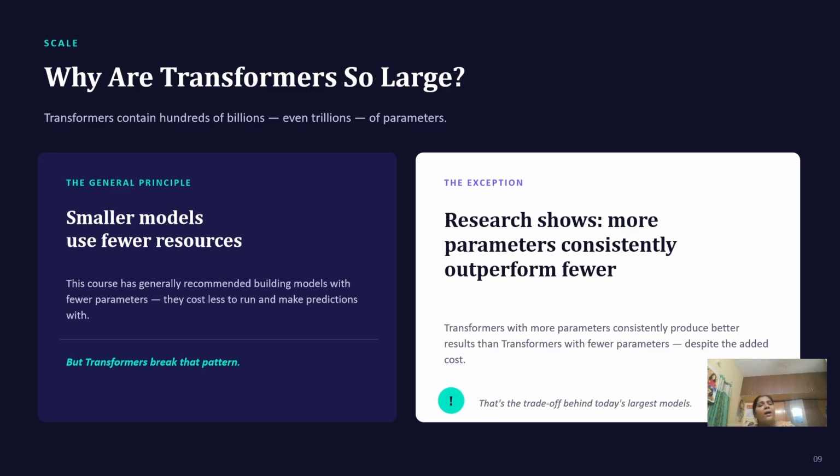So why are transformers so large? You talk about LLMs as large language models. Why are they so large? Because transformers contain hundreds of billions or even trillions of parameters in their architecture, meaning that it is large.